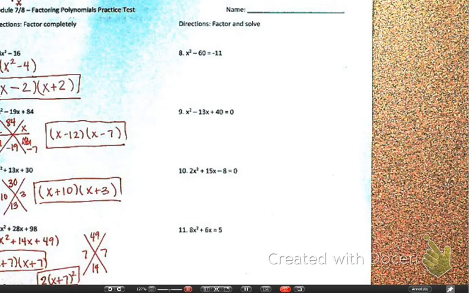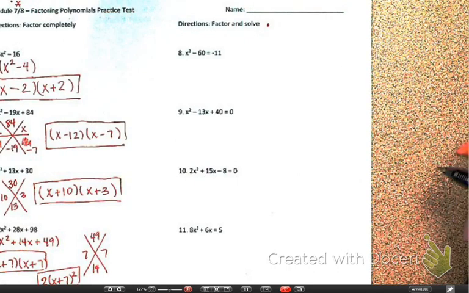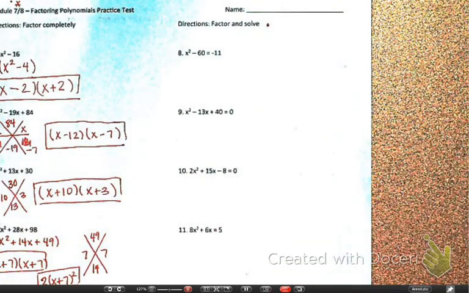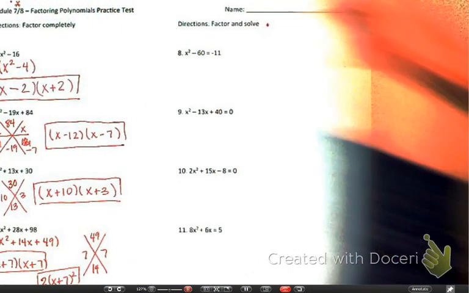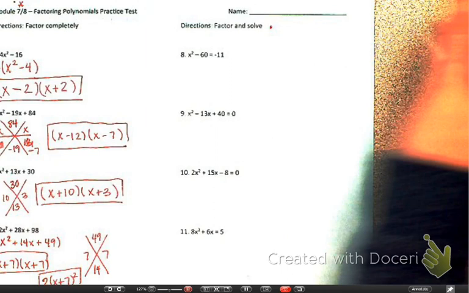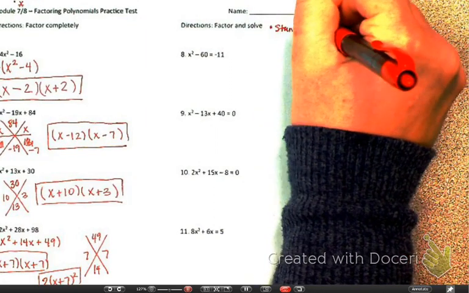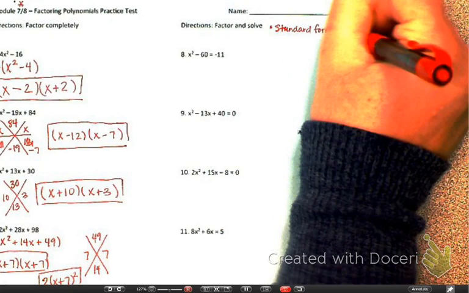So before we go through this, what are some important things? What's the first thing that you have to have? You have to have all the numbers on one side. Okay, so what's that called? It has to be set equal to 0. Standard form. So when it's in standard form, it will be set equal to 0.